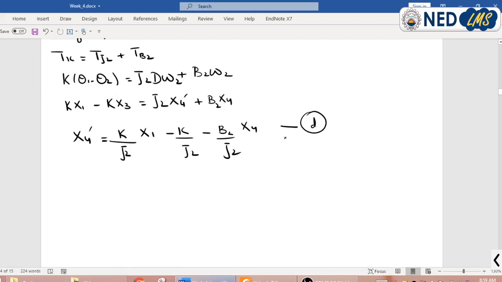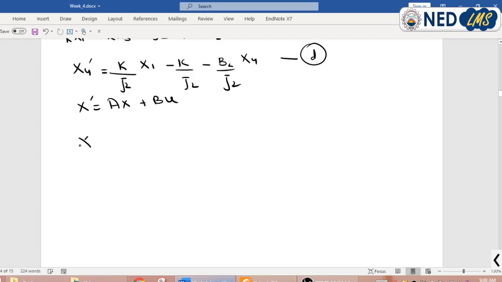So all four state equations are known now. We can write these state equations as a state space representation. The generalized format for state space representation is x dash is equal to Ax plus Bu.